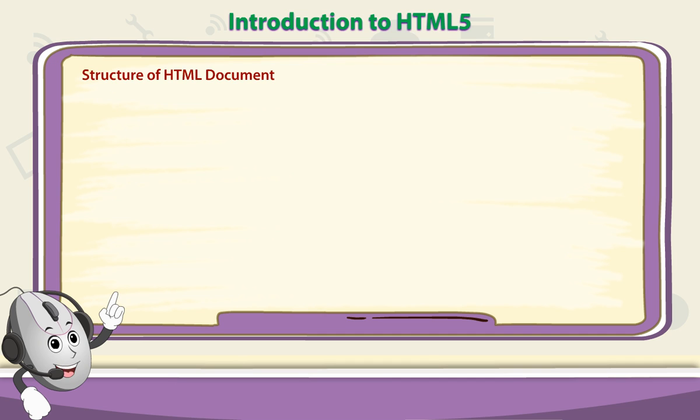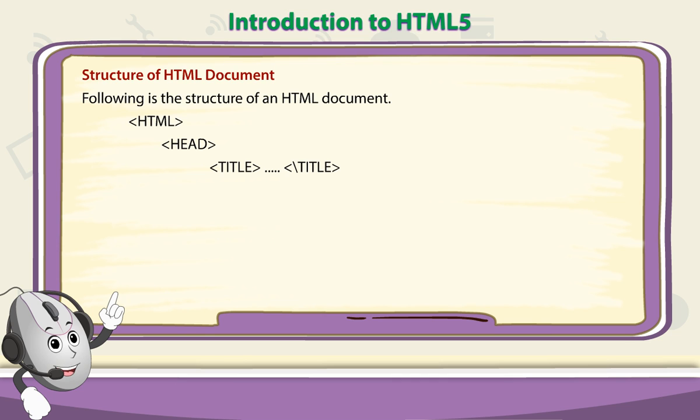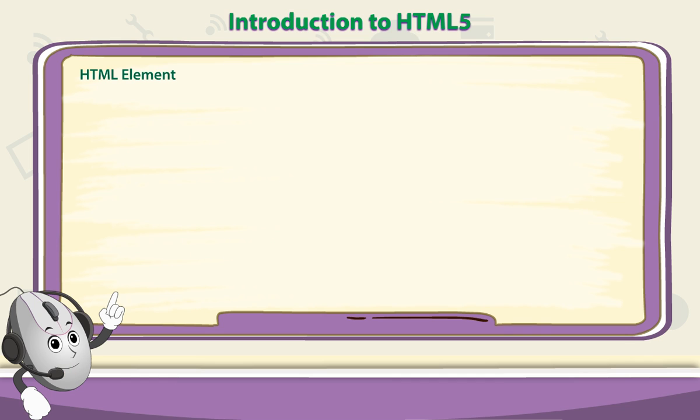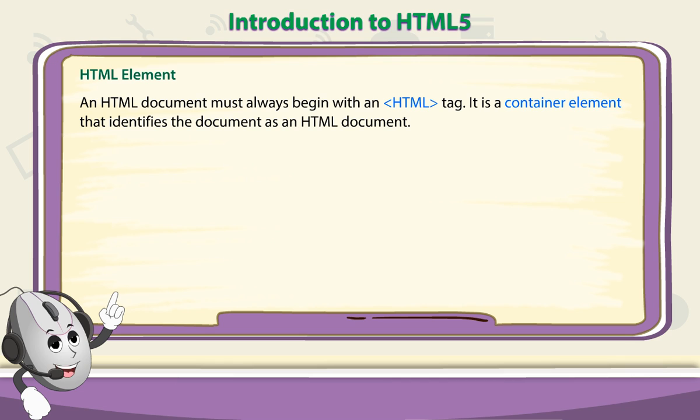Structure of HTML document. Following is the structure of an HTML document. <html>, <head>, <title>, </title>, </head>, <body>, </body>, </html>. HTML element. An HTML document must always begin with an HTML tag.